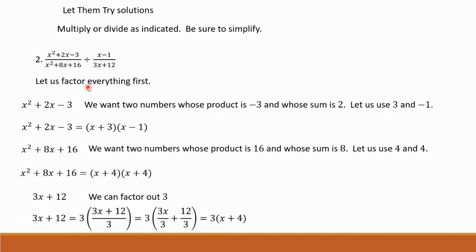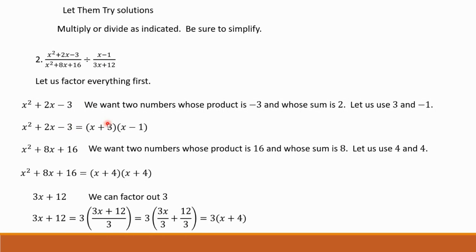Just like before, I decided to factor first. That's okay. We have x squared plus 2x minus 3. Okay? And again, we want two numbers whose product is -3 and the sum is 2. How about 3 and -1?